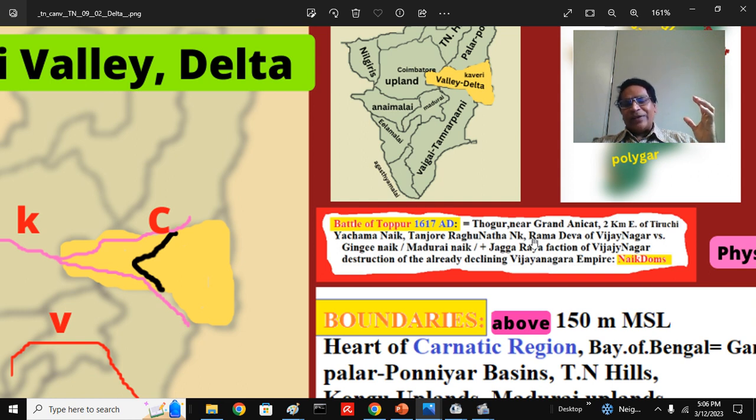Even though the dissenting factions were decisively defeated, eventually the empire declined. This battle led to the rise of prominence of the Nayaks: the Gingee, Thanjavur and Madurai Nayaks, who were eventually swallowed by the Adil Shahis and Qutub Shahis. That is the Battle of Toppur, fought in this region.